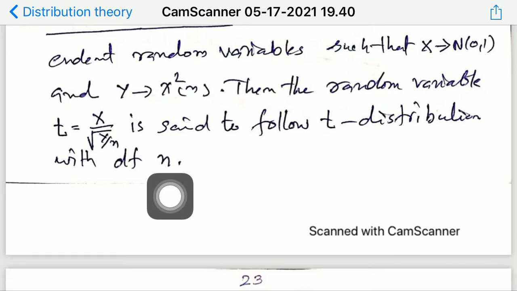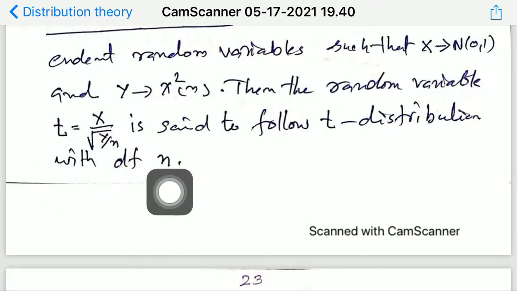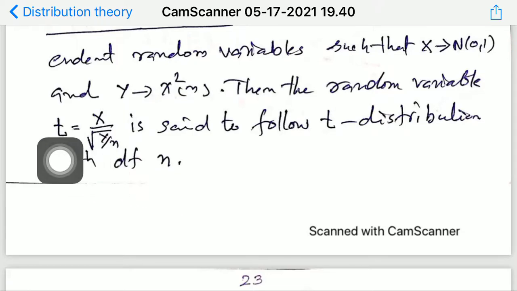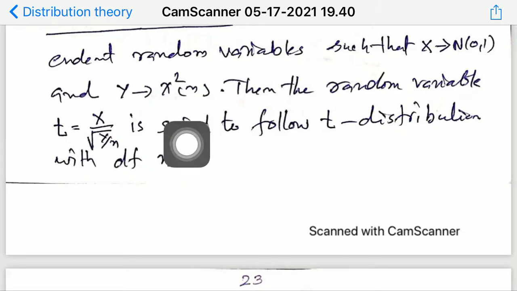Definitely you can see what t is when n is equal to 1, what t is when n is equal to 2, etc. So the t distribution depends upon the degrees of freedom of the chi-square distribution.